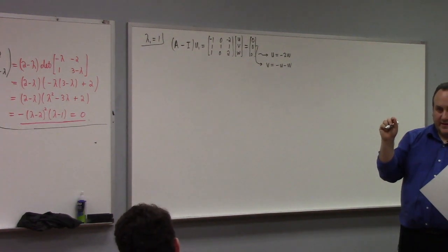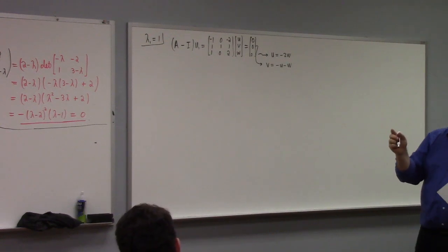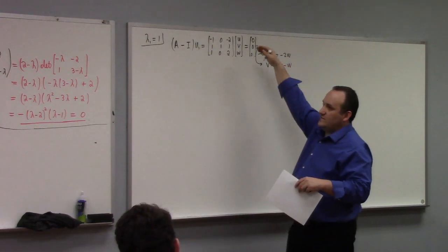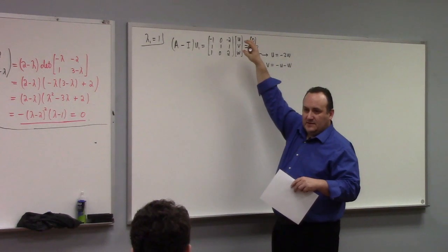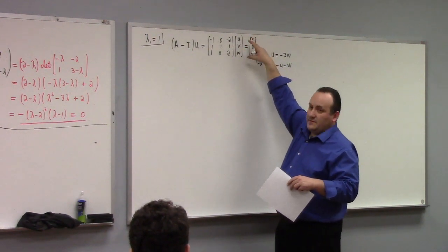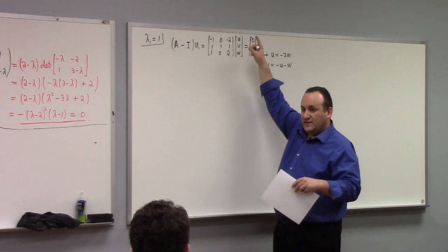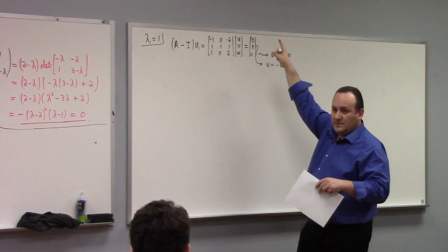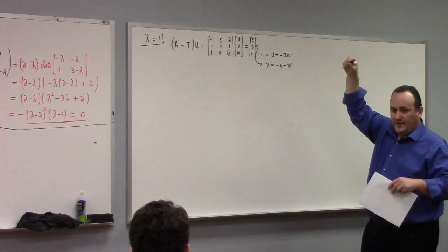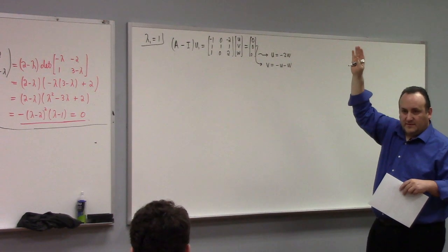So I know that I should be able to write the solution in terms of one parameter. Another way of looking at this, I've got 2 equations that are genuinely independent and a third which is redundant. So I'm starting with 3 degrees of freedom, I'm getting rid of 2, so I should only have 1 degree of freedom in my solution. If I can find a parameter to write the solution in terms of, I'm done.